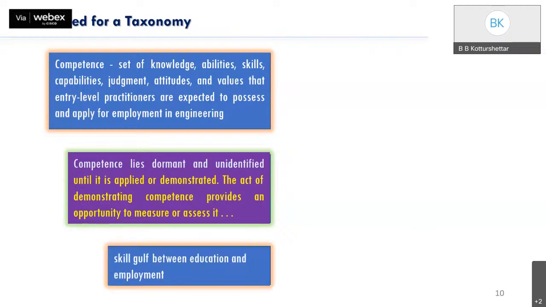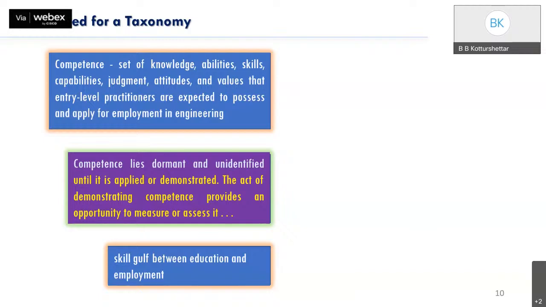Then in the absence of taxonomy, we see there is always a skill gulf between education and employment. See, the employers expect some competencies, and the education providers tell that we have provided this kind of education to students, where there is no alignment.